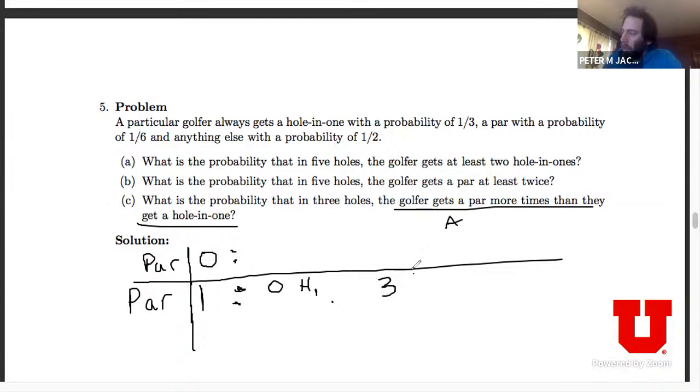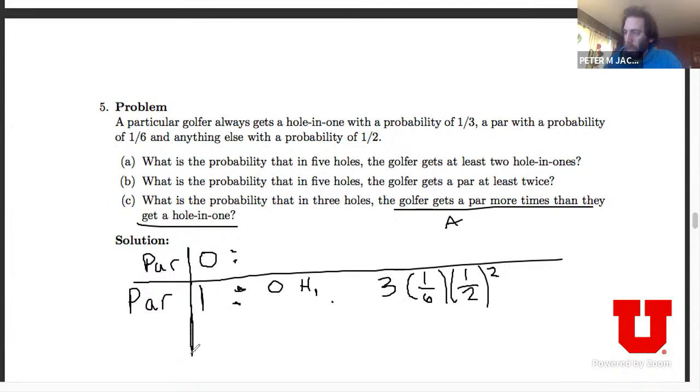And then in any of those 3 ways, they got the 1 par, so that accounts for the 1/6. And then in the other 2 holes, they got anything else, which happens with probability 1/2. So the probability that they got 1 par and no holes in 1 is this quantity.